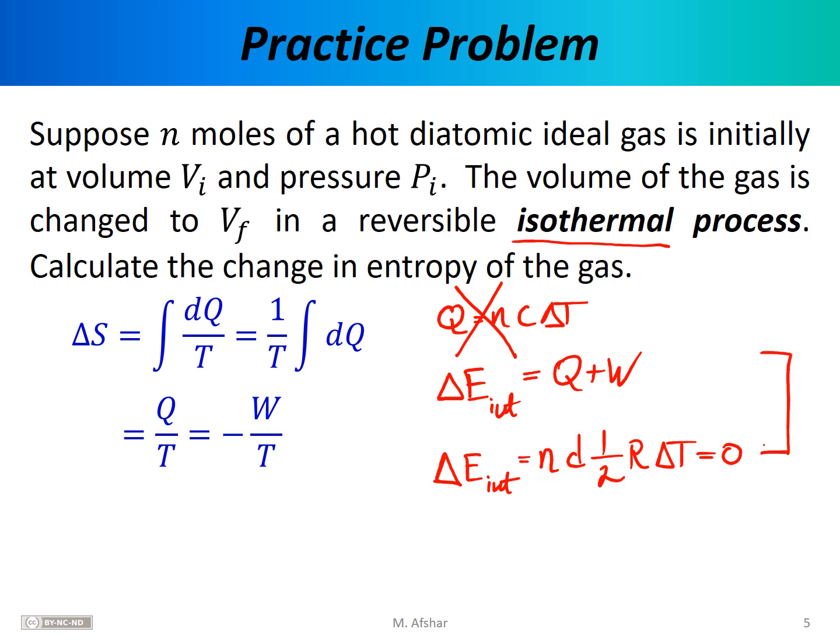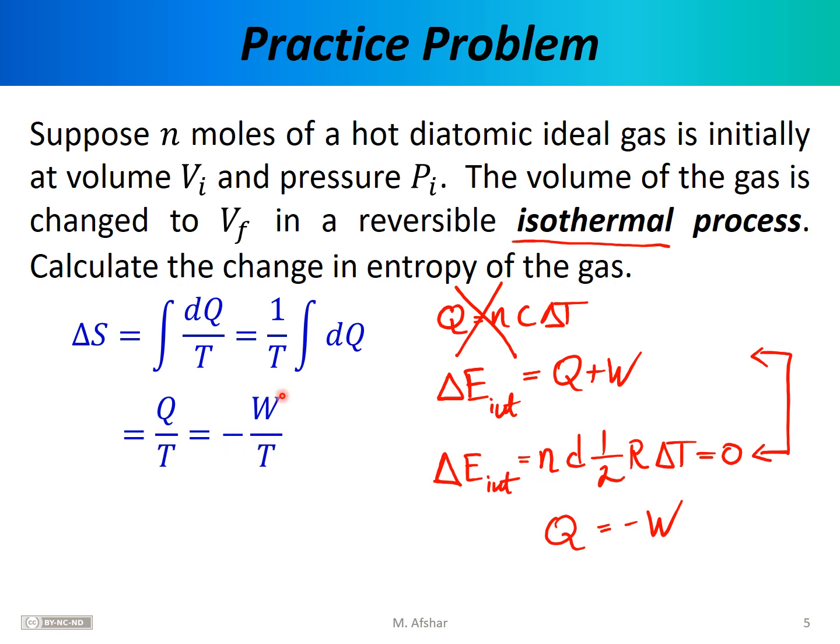Now, combining these two equations together, we find that Q must equal minus W. So any heat that enters or leaves the system must be directly related to the work that is performed on or by the system. So at this point, we can replace Q with minus W.